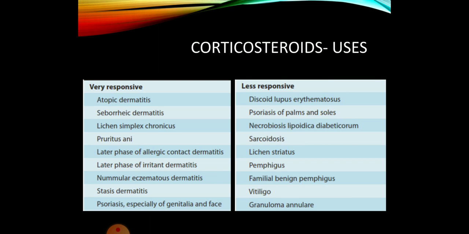So that adrenal crisis or hypothalamico-pituitary suppression is not only seen in case of oral and injectable agents, but it is also manifested in topical agents. You must be very, very careful while prescribing the topical formulations of corticosteroid, especially in the face and genitalia, and while doing occlusion therapy, because chance of absorption is more in these cases.